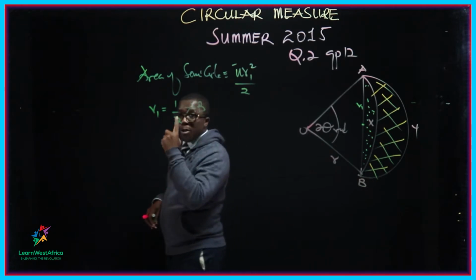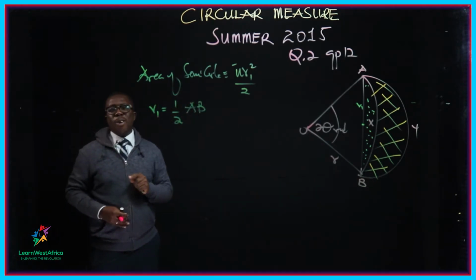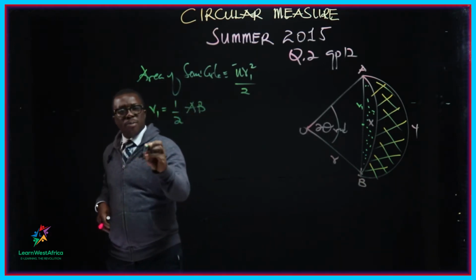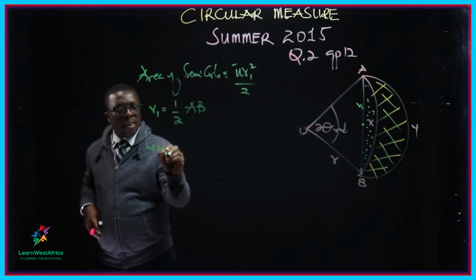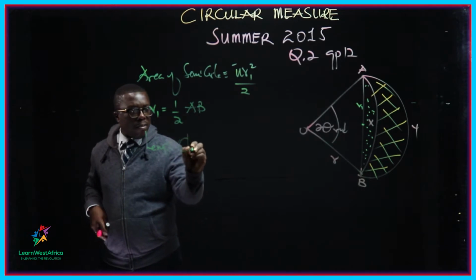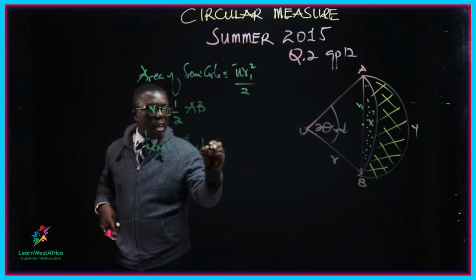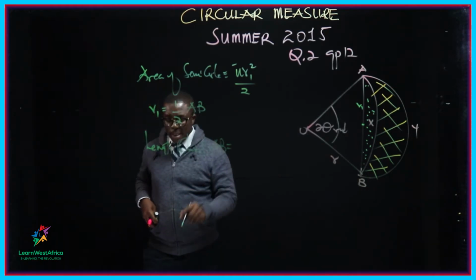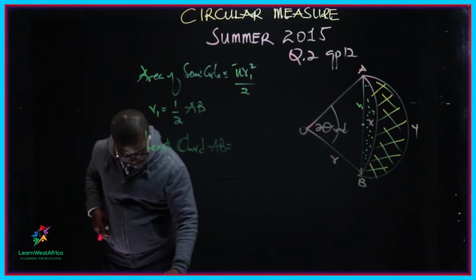From our revision videos and what we know in radian measure or circular measure, what is the length of a chord? So the length of chord AB, which incidentally is also the diameter, what would it be?